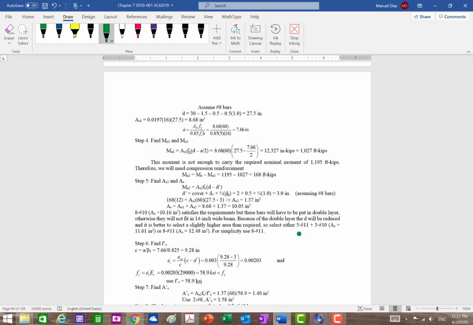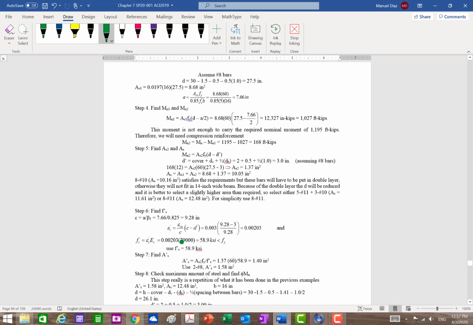So, I think I'm going to go with 5 number 11s and 3 number 10s, or 8 number 11s. For simplicity, we're going to take the 8 number 11s. So it's more area simply because we have lost the D value, right, in double layer.